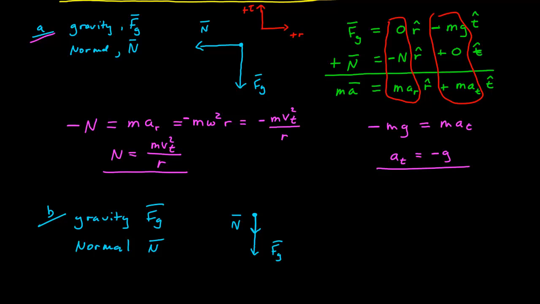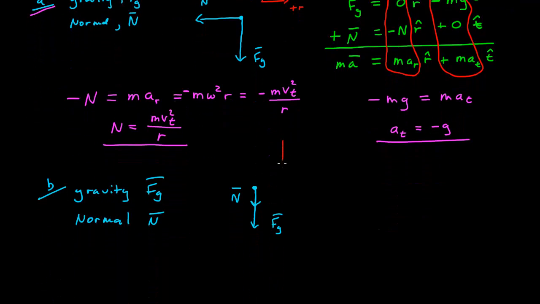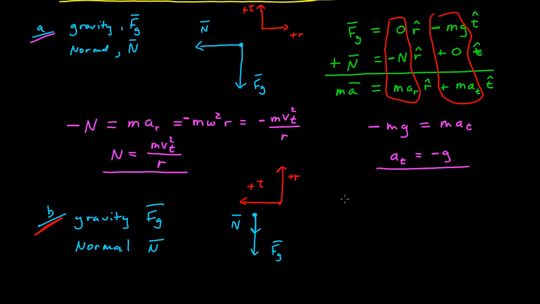So now, when we sum these vector forces, of course, let's get our coordinate system. So in our radial tangential coordinate system, which is here, we have positive r is up, and positive t is to the left at point B. So now we can sum the forces along the components along this coordinate system.